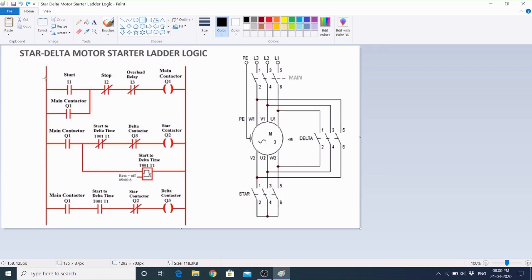So here on the left-hand side in the ladder logic diagram, the start push button is there. It is momentary type, so only when you press this push button will power be able to flow through it.